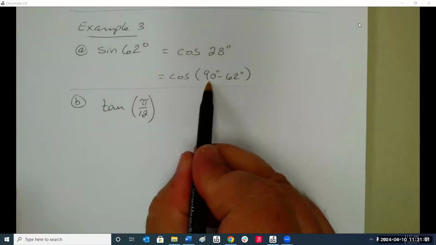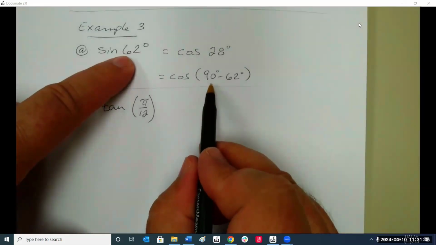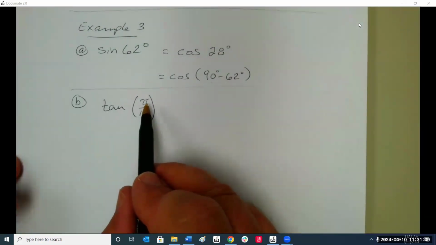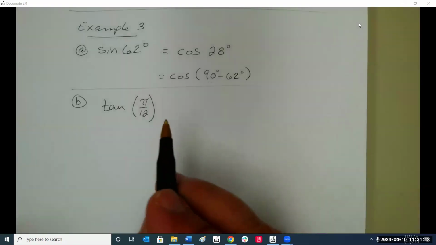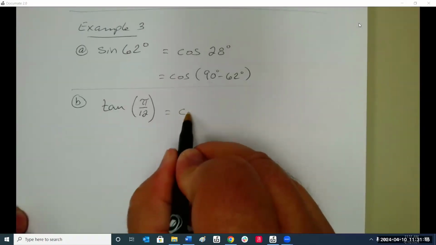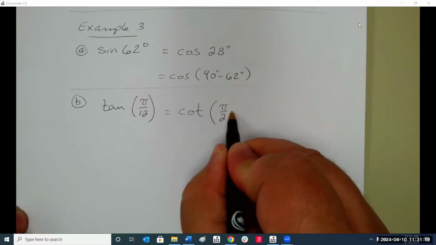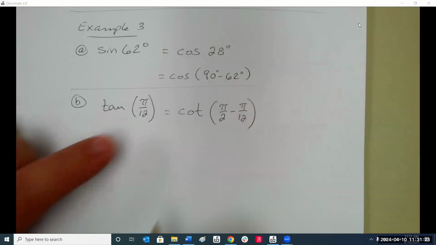It's going to follow the same logic as this. This one, since we're dealing with degrees, I use 90 degrees. Here I'm using pi. What is the pi angle of 90 degrees? Right. So it would be cotangent of pi over 2 minus this angle.